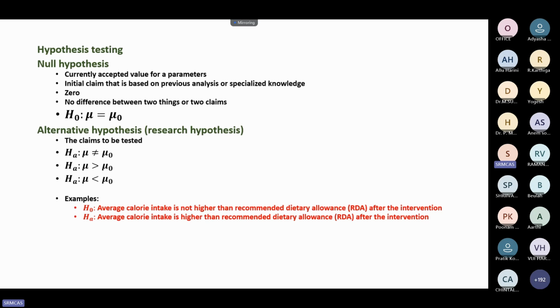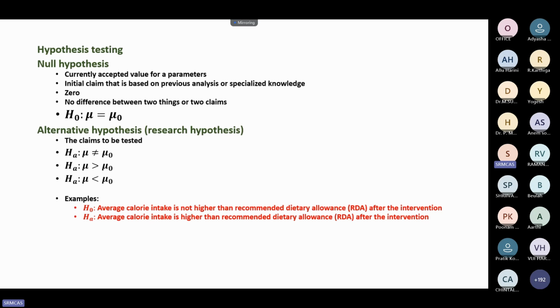So the government is intervening to increase the average calorie intake of the students in a school. But here the null hypothesis says that there is no improvement in the calorie intake due to the interventions.